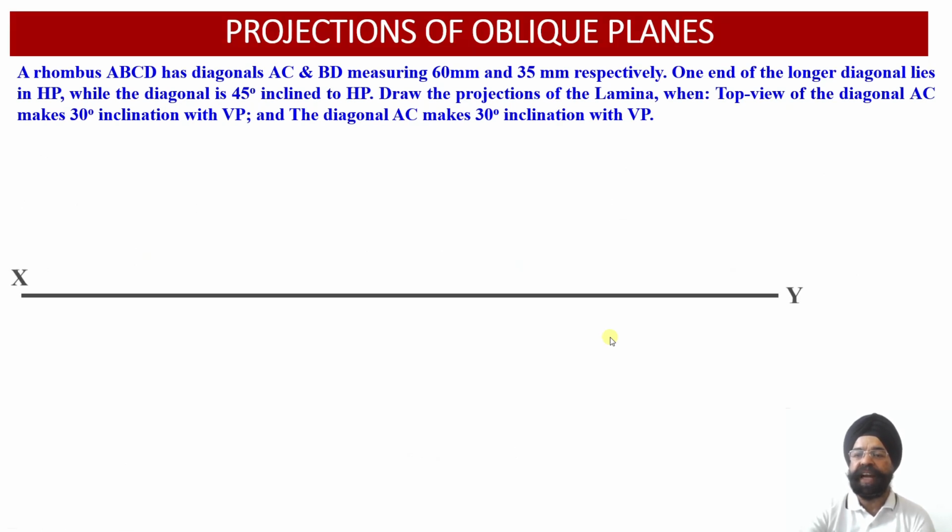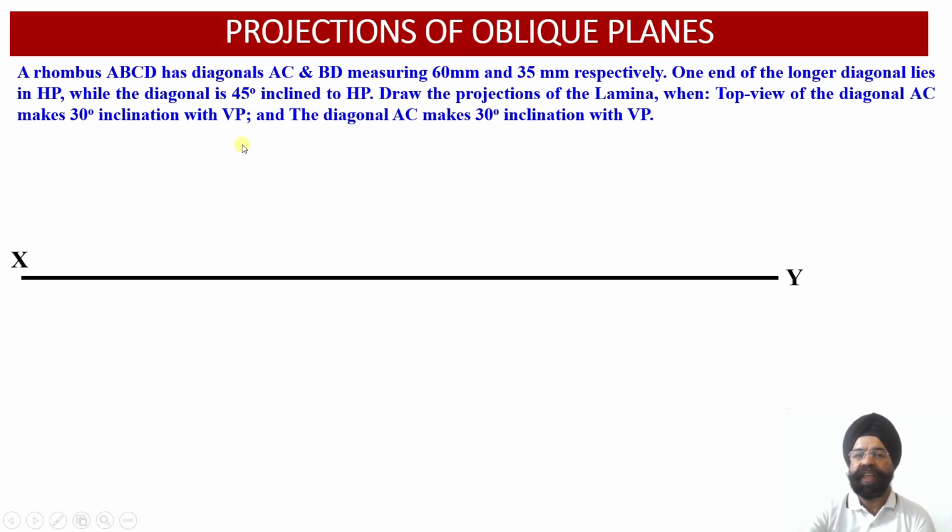Now let us start drawing these projections. So since the first angle of inclination of this lamina is with respect to the horizontal plane, we have assumed that this lamina will be lying on the horizontal plane.